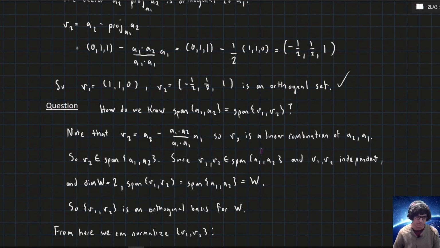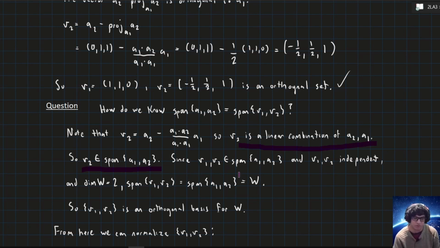So here's the answer. Note that V2 was calculated like this: A2 minus the projection, which we can write like this. So if we look at this, this part here is just a number. A1 is a vector, A2 is a vector. So V2 is a linear combination of A1 and A2. You can also say that V2 is in the span of A1 and A2.